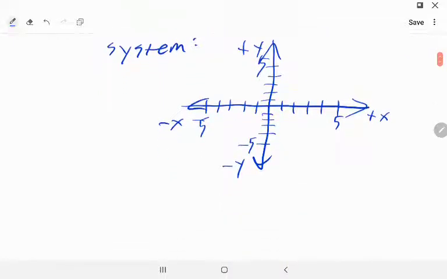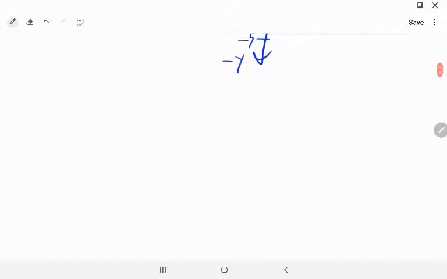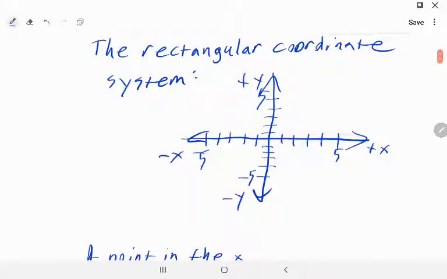We notice that we can plot points. I should mention the rectangular coordinate system is also called the xy plane.